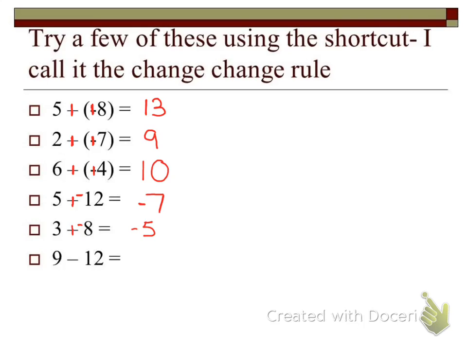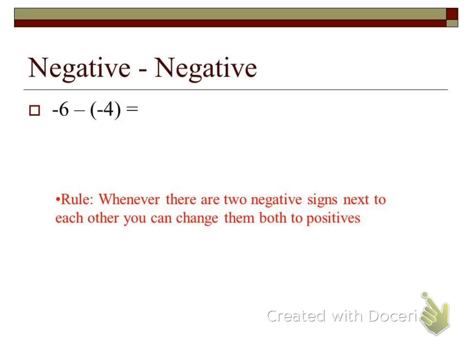9 minus 12, one subtraction sign here, so I need to change that to 9 plus -12. Different signs, so the difference between these two numbers is 3. 12 is bigger, and it's negative, so I'm going to have a -3. Well, a negative minus a negative, that's a situation where we're going to use Rule 2, because of these negatives right here.